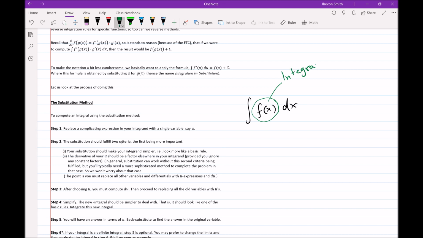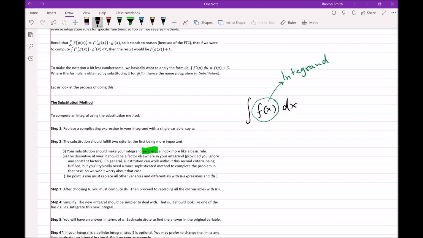Now, if your integrand is complicated, it doesn't look like a basic rule, or you can't simplify it to look like a basic rule, what you're going to do is look into that integrand. Whatever is making it really complicated, you're going to want to substitute with a single variable, which is the intent, to make the integrand simpler, right? That's the whole point. You want to get a simpler answer, okay?